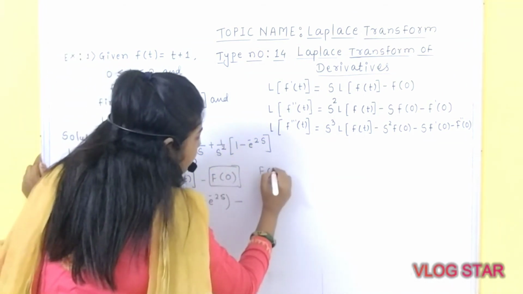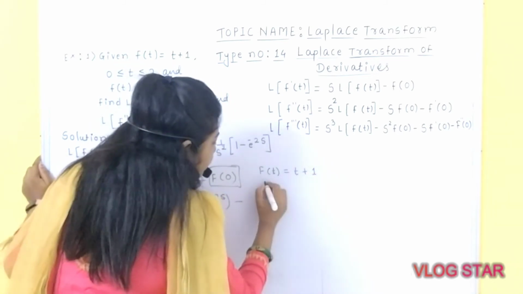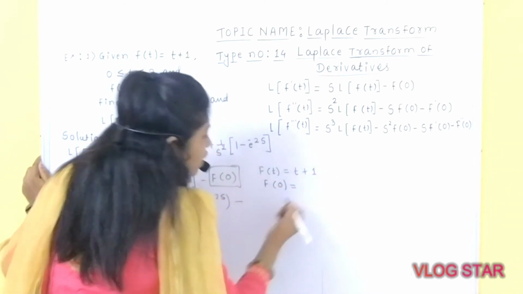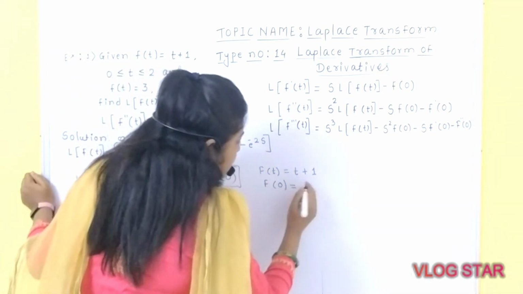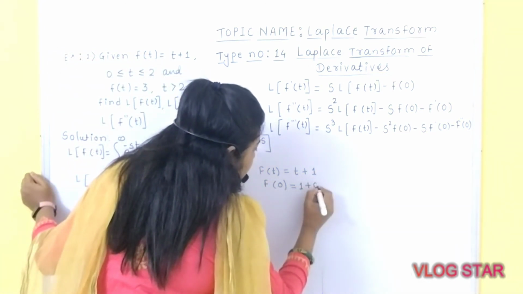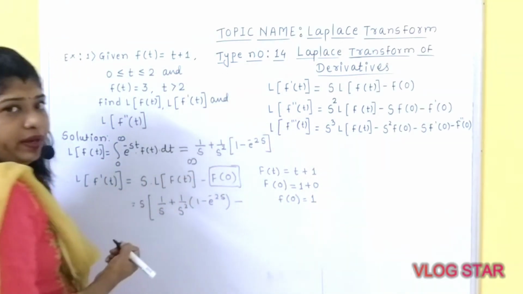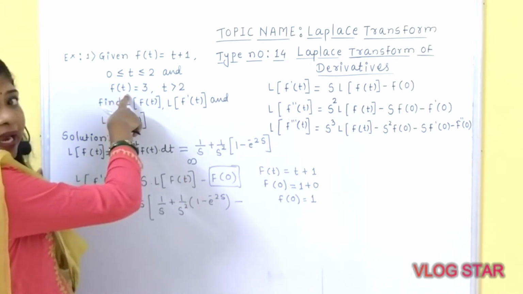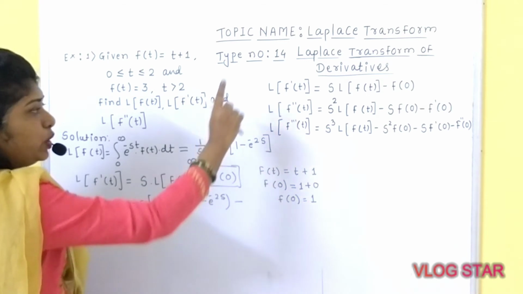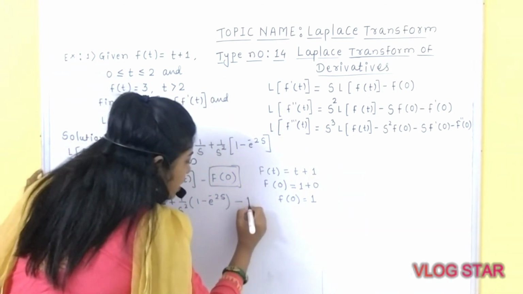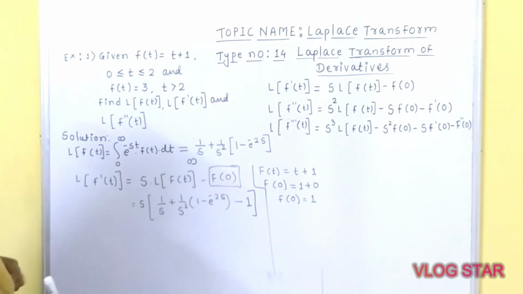F of t is equal to t plus 1. So if I substitute f of 0 in this, so what will we get? F of 0 is equal to 1 plus 0. So f of 0 is nothing but equal to 1. If you consider this part, as t function is not there, so f of 0 is equal to 1 in this particular example. So you have to substitute f of 0 is equal to 1.